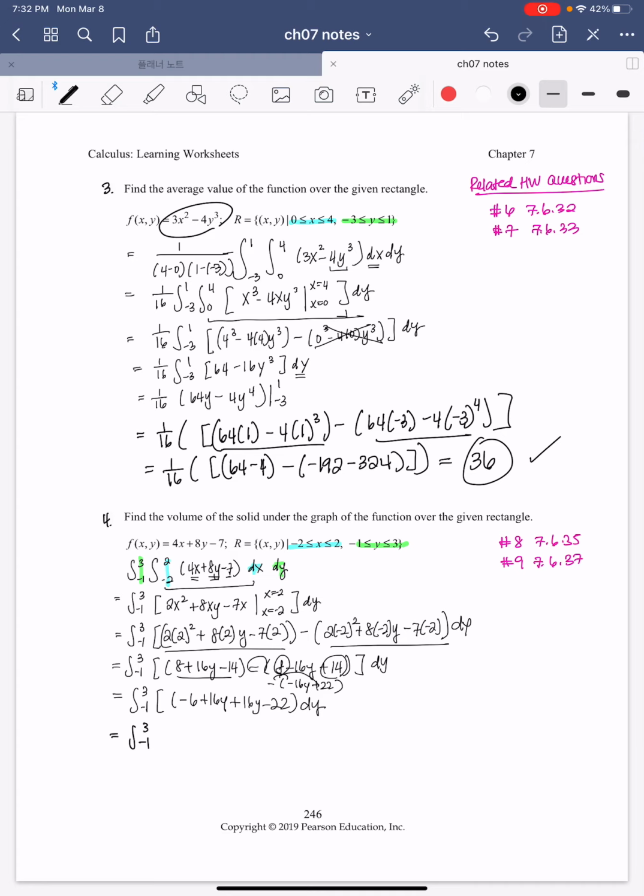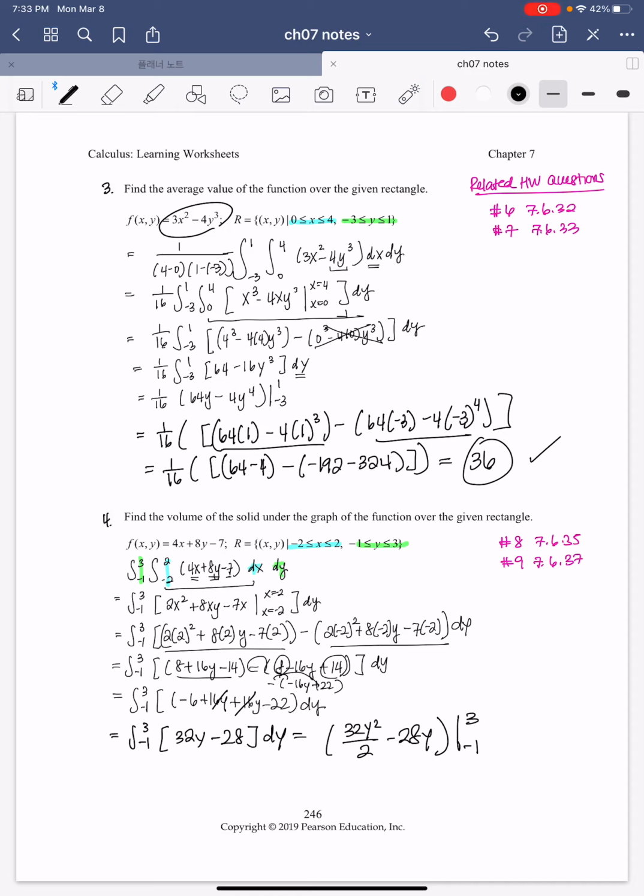I have 16 plus 16, that's 32y. -6 minus 22, -28 dy. Really easy one to integrate. Gain power divided by new power. So I'm having 32y squared over 2 minus 28y from -1 to 3.